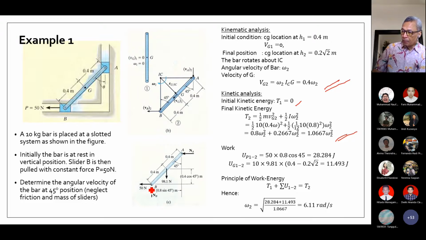Kita melihat P berpindah horizontal, gaya P horizontal, kerjanya tinggal dikalikan jaraknya dari posisi dia di sini sampai ke sini. Gaya berat W arahnya vertikal, perpindahan titik G dalam arah vertikal bisa kita hitung dari posisi setengah 0,4 dan turun ke 0,4 cosinus 45. Bisa Anda hitung kerjanya.